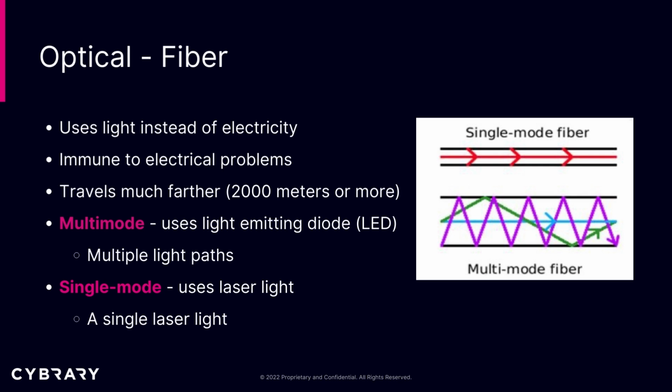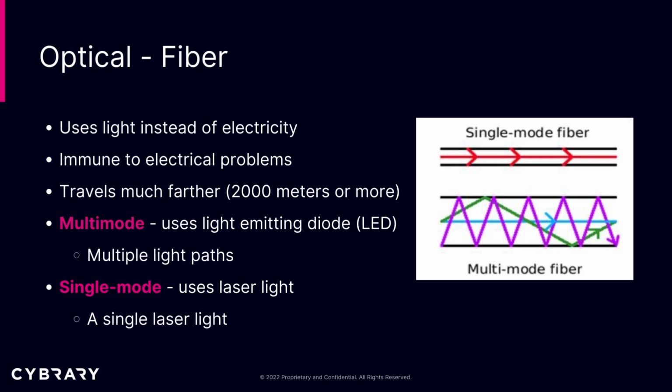There's multi-mode and single mode. Multi-mode uses light emitting diodes or LEDs, and it sends multiple pairs of lights down the cabling to connect to the other end and pass traffic. Whereas the single mode uses a single laser light, and that single laser light is sent down that cabling to connect to the other end.